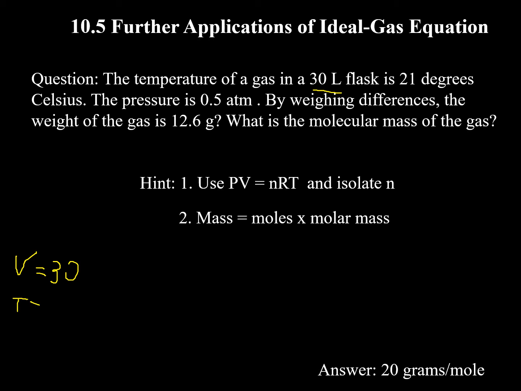T is 21 degrees Celsius, converted to Kelvin, 294 Kelvin. So we added 273. The P is 0.5 ATM. And the mass is 12.6 grams.